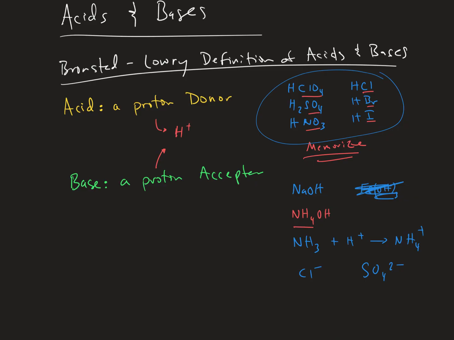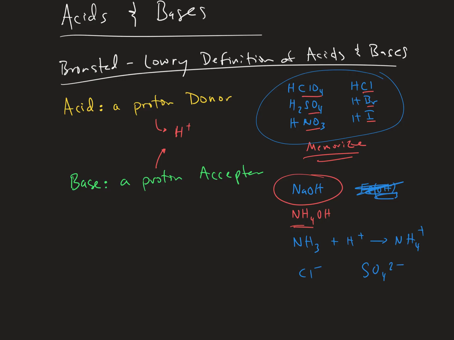Now, again, we have strong bases and weak bases. What determines if it's a strong base? If it completely dissociates in water. It's completely soluble. So strong bases are basically a soluble metal ion with hydroxide, or ammonium with hydroxide.